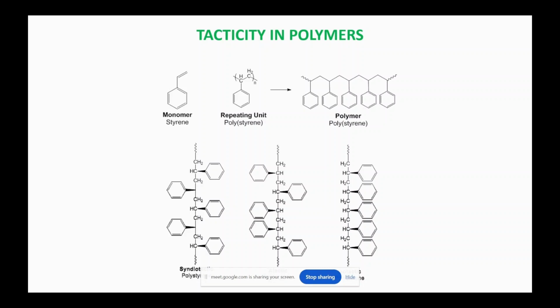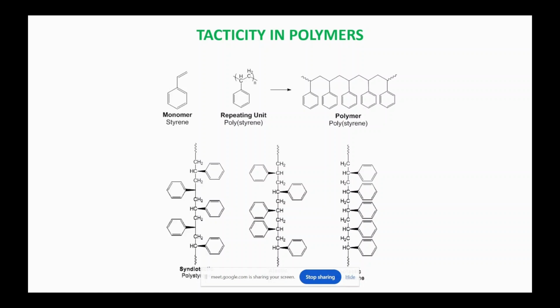Tacticity gives us an understanding of the arrangement of the side groups in the hydrocarbon chain or polymer chain.